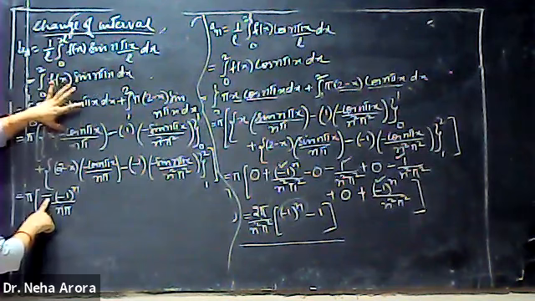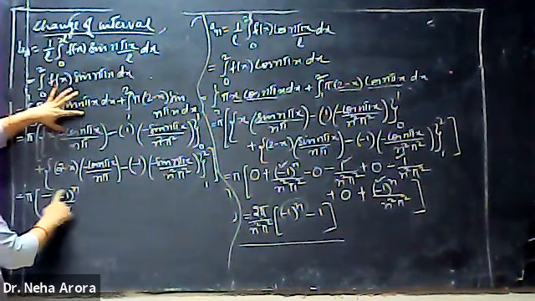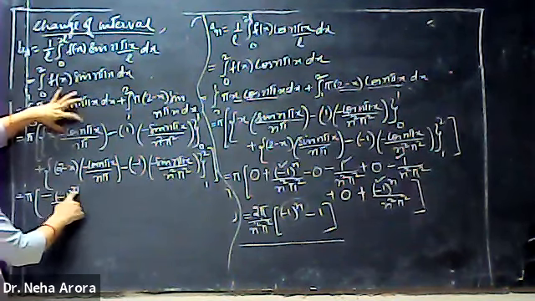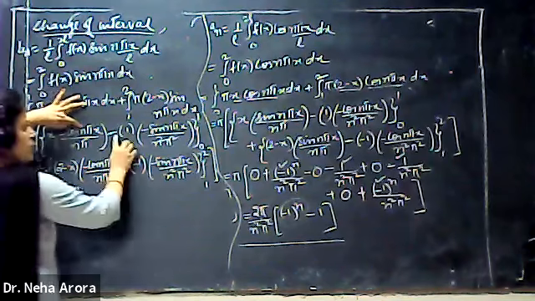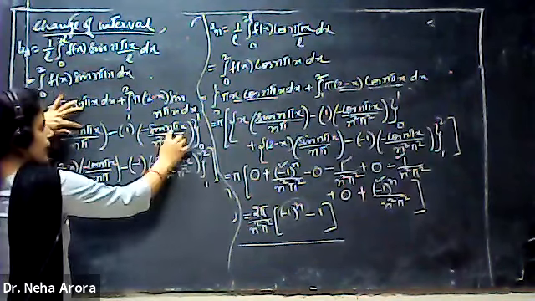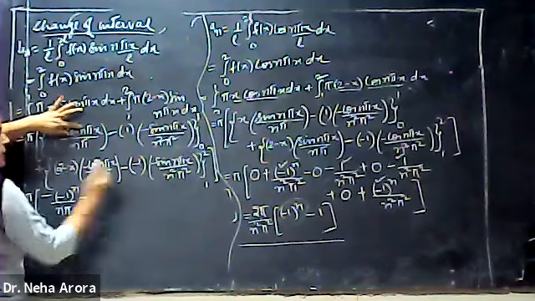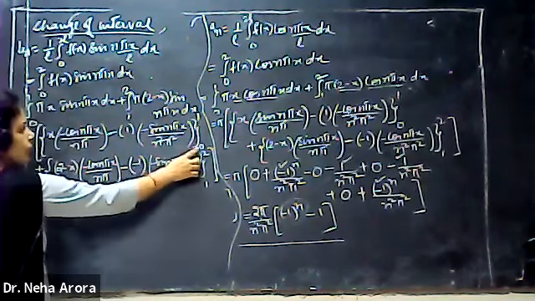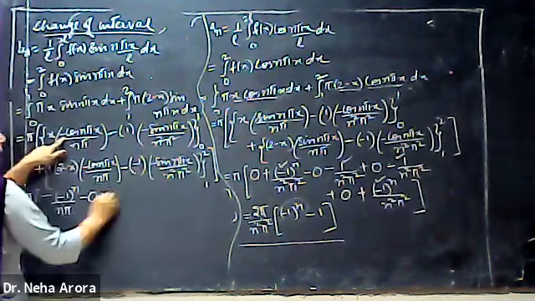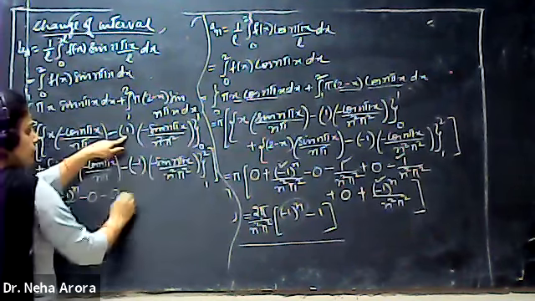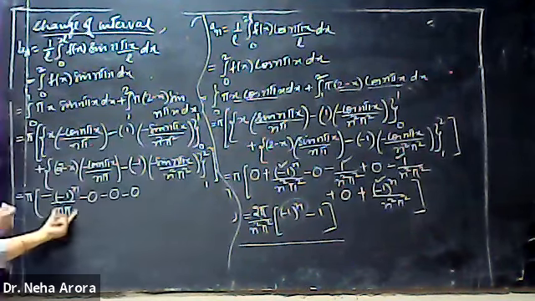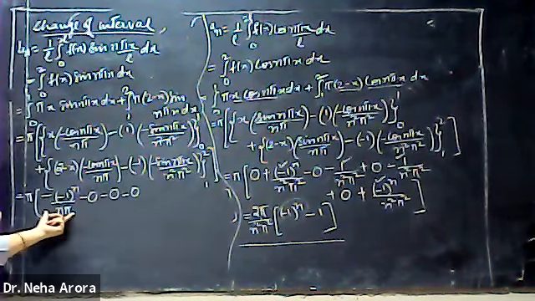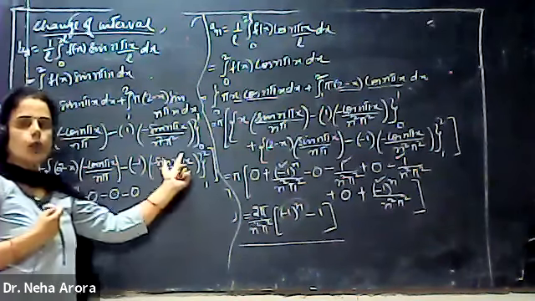This minus is separate and this is inside with minus 1 power n. Let's come to next term. Put x equal to 1, sin n pi is 0. Next term is 0. Come to the lower limit, which is 0. 0 into anything will be 0. Sin 0 is 0. So we are getting only one term after substituting upper as well as lower limit.